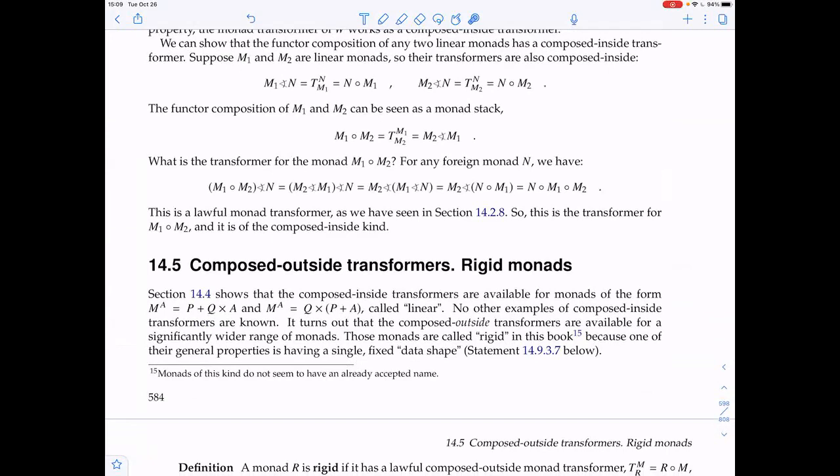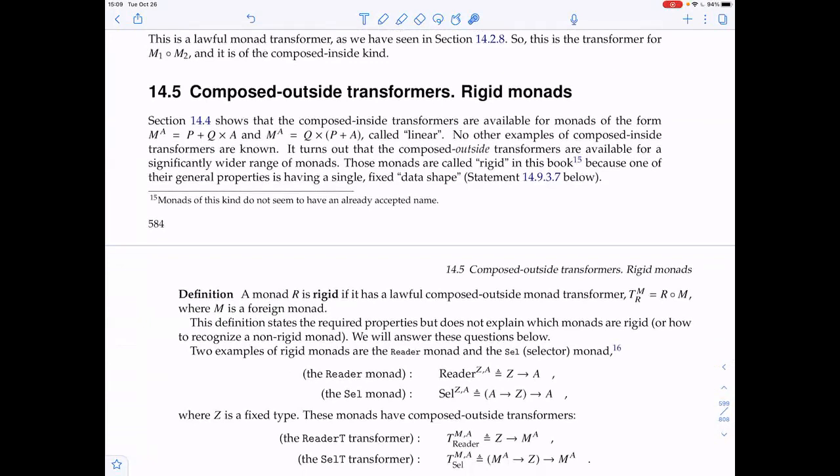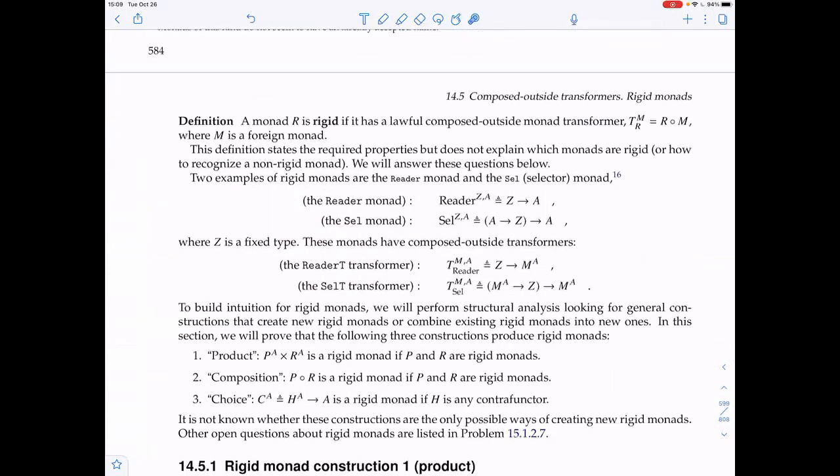For the composed outside transformers, it's a very different type of monad that has that transformer. It's a generalization of reader. So it's a reader and monads that are similar to reader in some ways. The selector monad, as it is sometimes called, is this type.